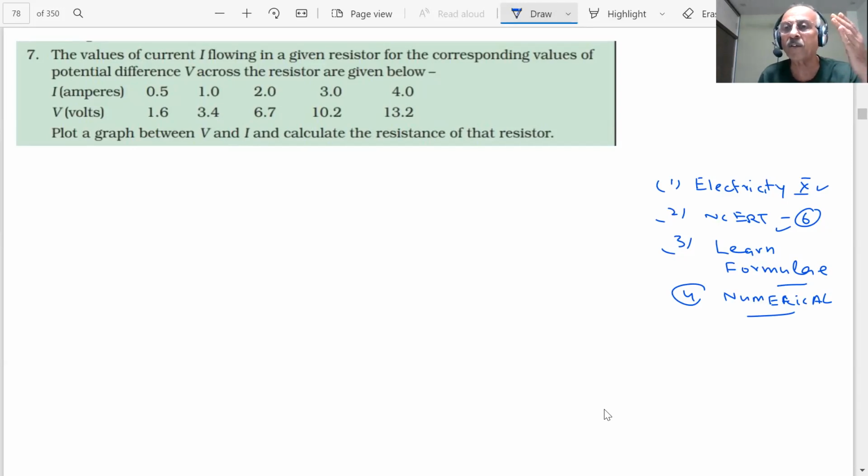When resistors are connected in series or in parallel, what formulas are to be used? The formula of the electric current, then the electrical power, energy, all these formulas we have told you, and we have also shown Ohm's law. What is important is that Ohm's law is used again and again in solving a large number of questions and deriving more and more formulas as per the requirement of the question.